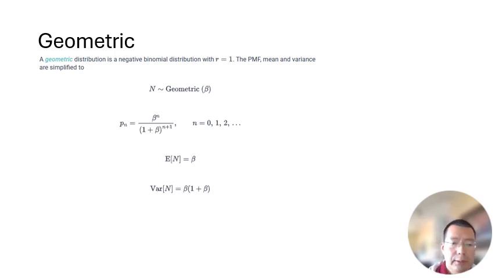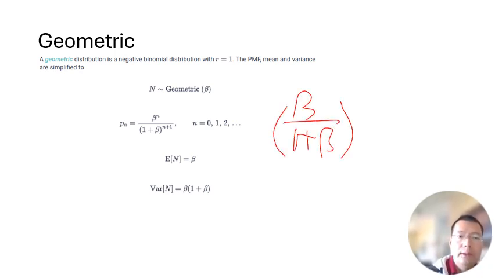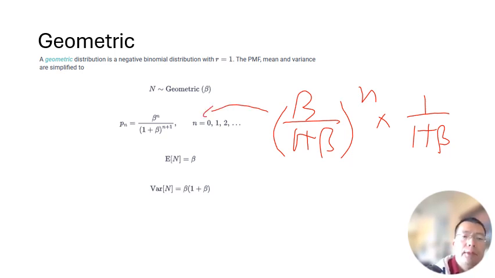This is basically from the previous one, where the number of successes is 1. The expected value of m will be beta. The variance of m will be beta times 1 plus beta. Once you understand the previous negative binomial, it's easier to understand this geometric distribution.